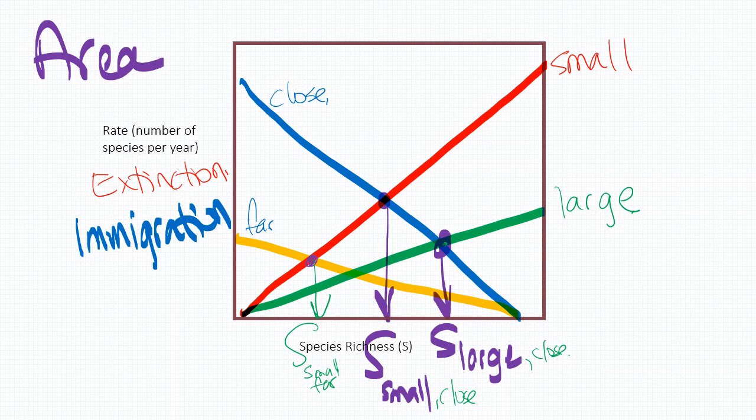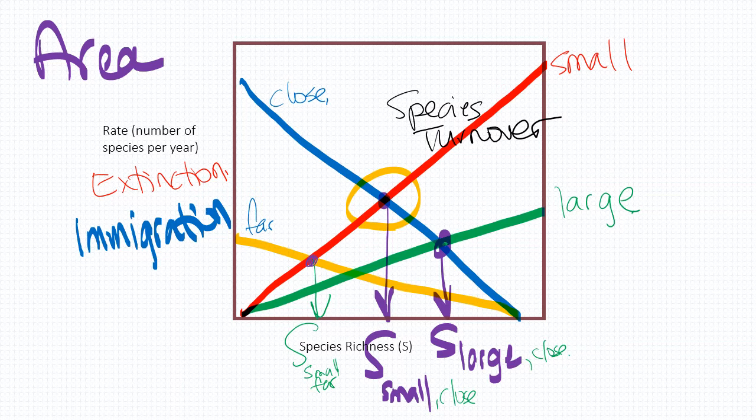And we can see these close small islands have the highest immigration rates and they have the highest extinction rates because they're small. And so you're going to find very high rates of species turnover. Species turnover is really indicating that you're getting a change in the species composition over time.